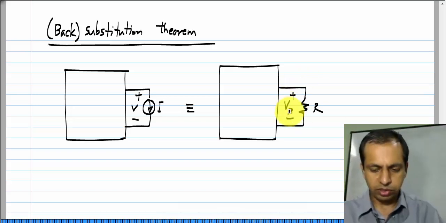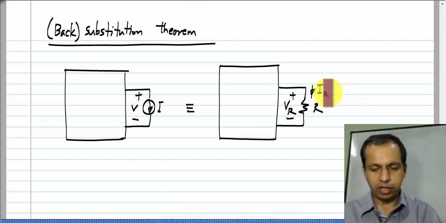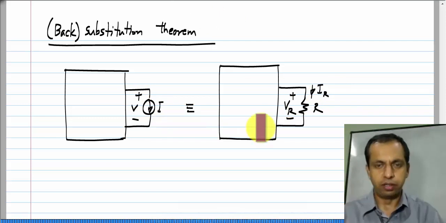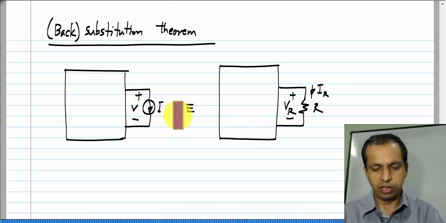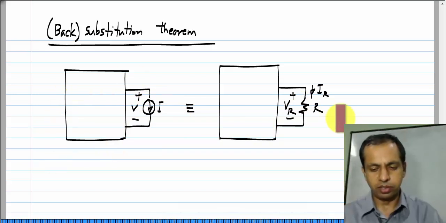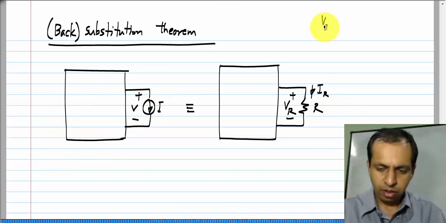Let us say the voltage across the resistor is VR and the current through the resistor is IR, and we want VR and IR to be exactly the same as V and I. Okay. So, we want to substitute this current source with a resistor without altering any voltage or current in the circuit. So, VR must be V and IR must be I.